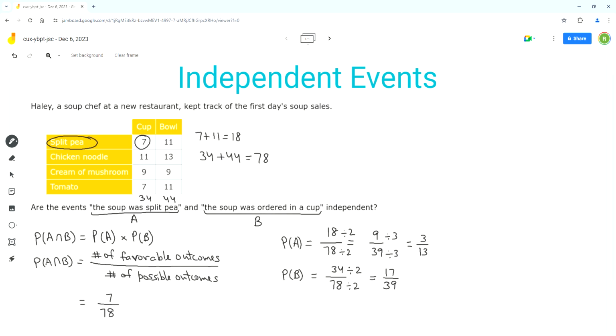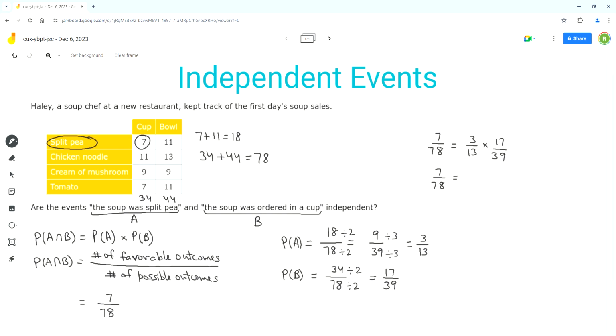Now we can substitute these probability values in the independent events equation and see if the left side becomes equal to the right side. On the right side, we can multiply the fractions.